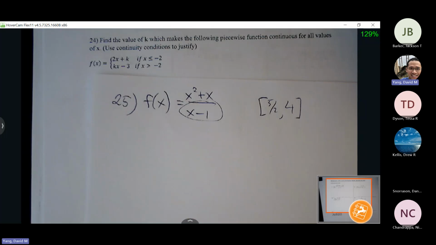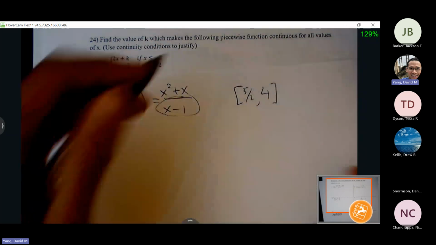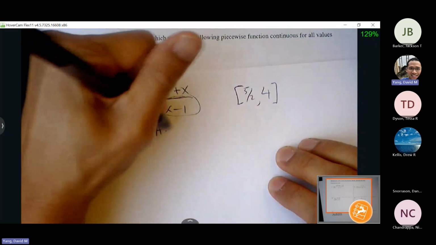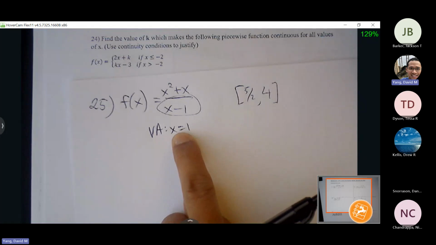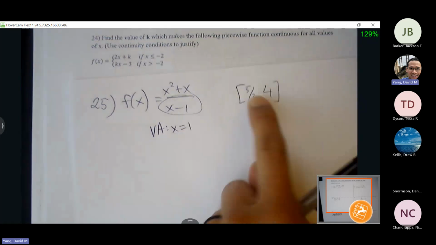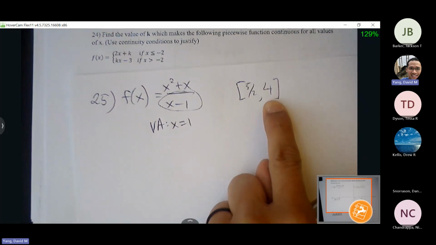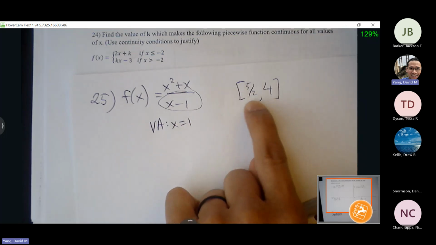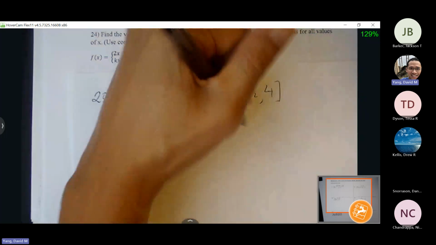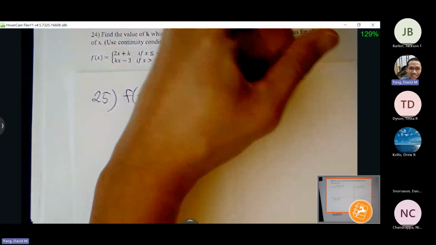In this case there's a vertical asymptote, but we really don't have to categorize if it's a hole or an asymptote; there's a discontinuity. Now we have to ask, is this discontinuity going to interfere with my interval? No, so we're safe. This is the only discontinuity, and it is safely outside our interval. Our function is continuous on a closed interval, so we can go ahead and make that statement.